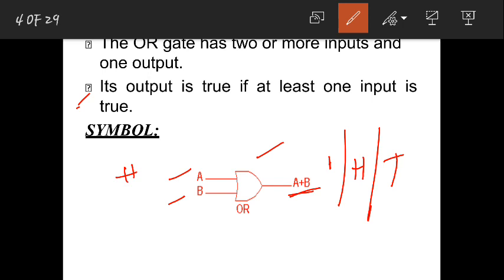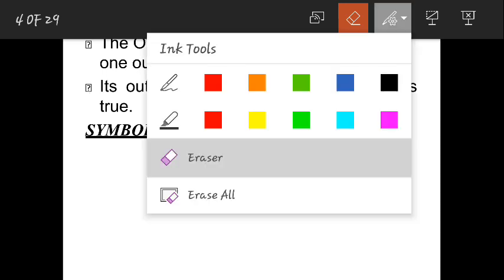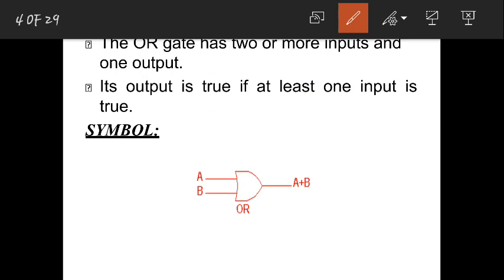Is that fine? So in these terms, the output will be false if not even one input is true. Let me explain in terms of binary 0 and 1. Either it can be 0 or it can be 1 at one time. Consider A and B: A is equal to 0 and B is equal to 1.